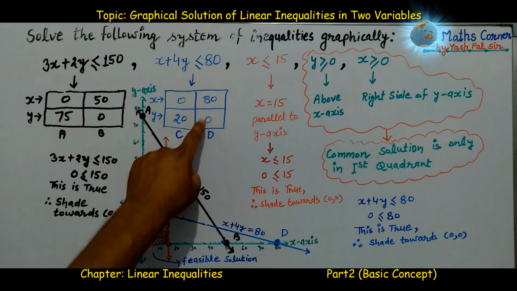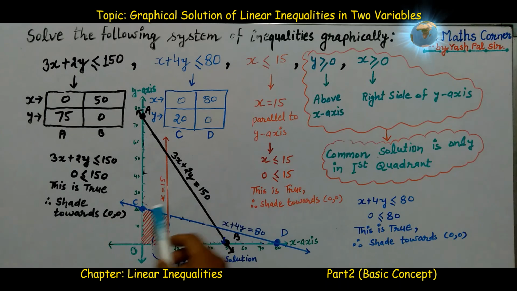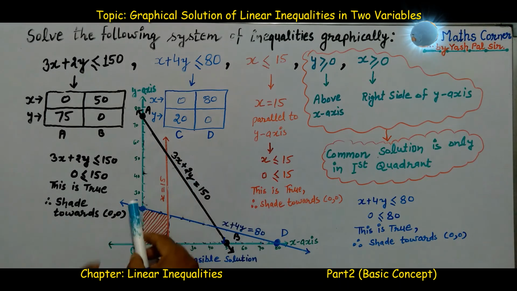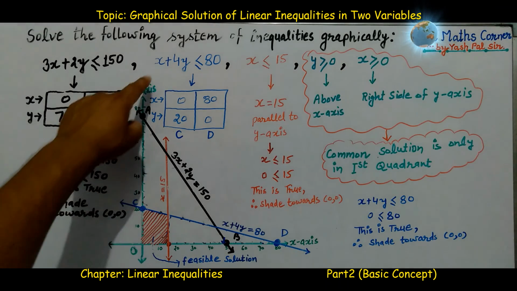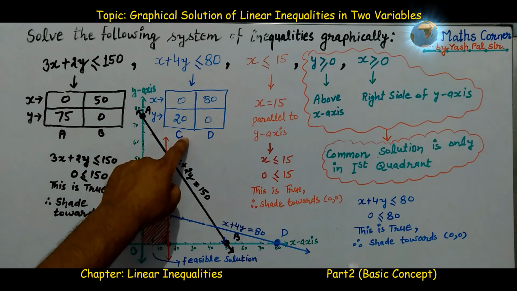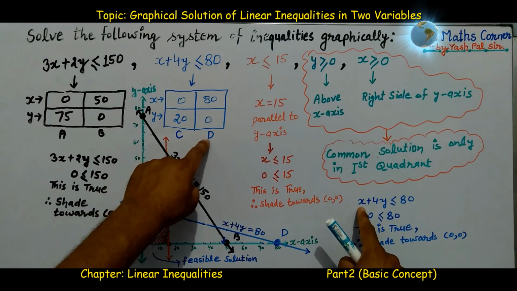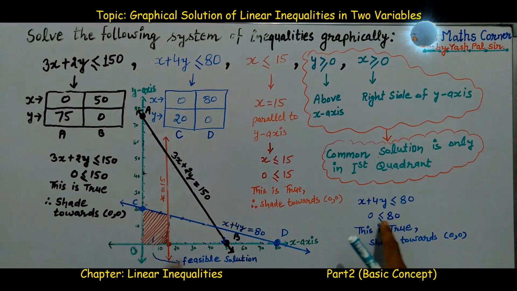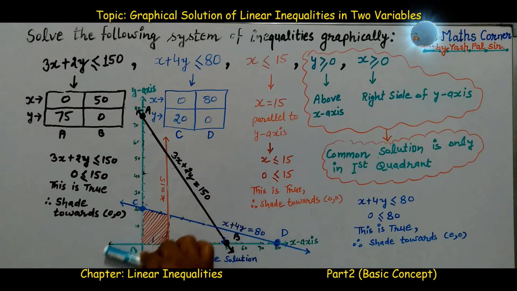Now this blue line indicates this line. Again if we substitute x = 0, y = 0 in this inequality, then we have 0 is less than or equal to 80. This is again true, so shade towards (0, 0). So the solution will be this side.